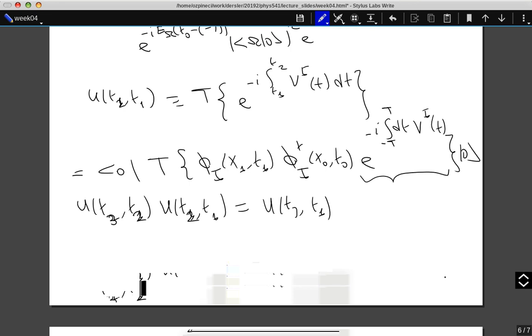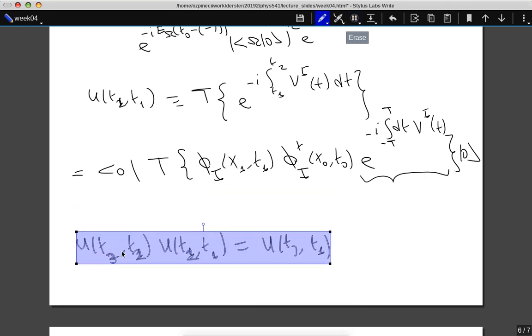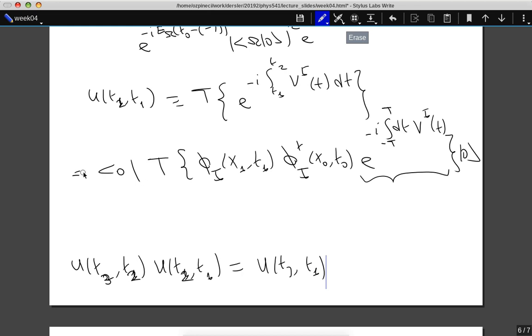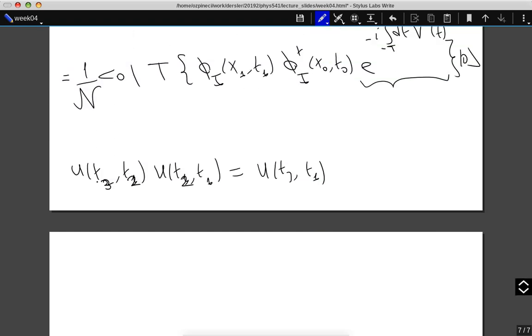Now there's still the problem of the denominator, whatever the normalization is. To calculate it, we can actually do a trick. Let's look at the normalization of the vacuum.